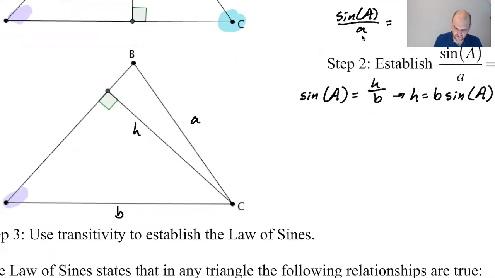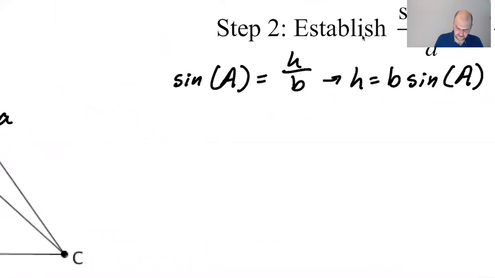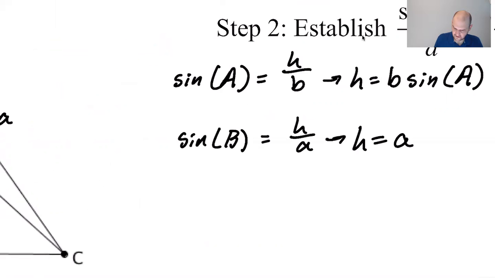So for B, sine is going to be opposite, which is H, over hypotenuse, which is A. So sine of B is H over A. And you can kind of see how this is going. Hopefully. So H is A times the sine of B.